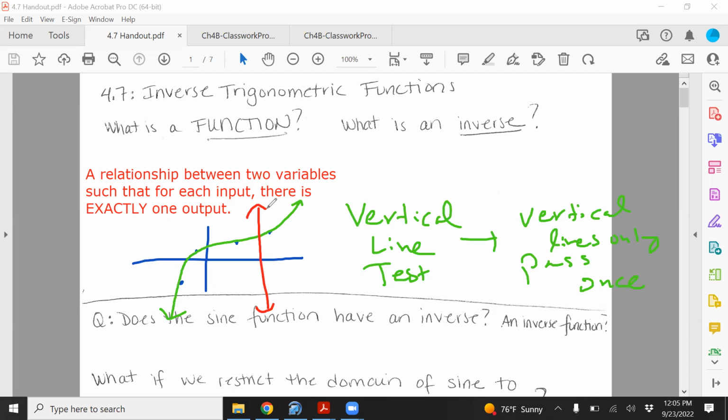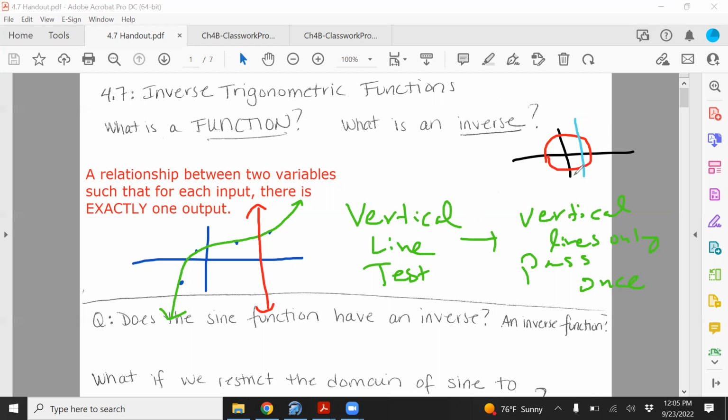If I drew vertical lines in various places, vertical lines only touch once. They never touch more than once. That's going to be a function. Something that won't be a function, I'll draw another graph off to the side here. What if I drew a circle? So that's not a function.